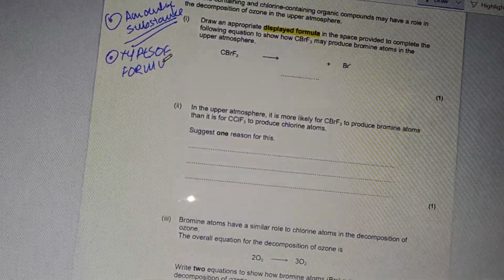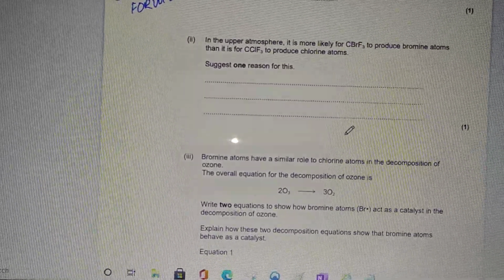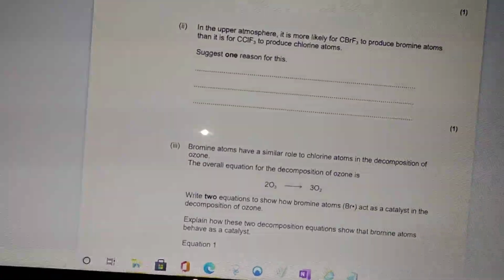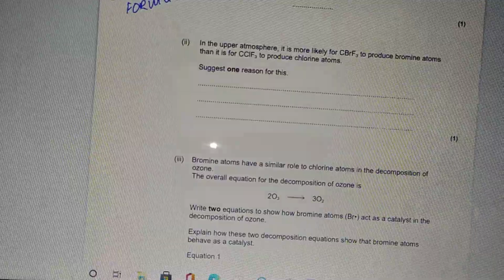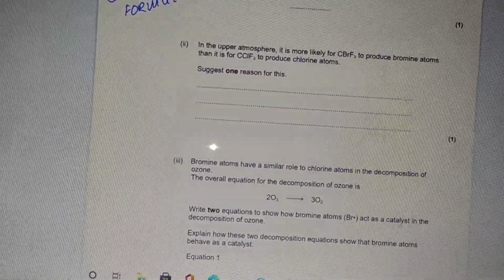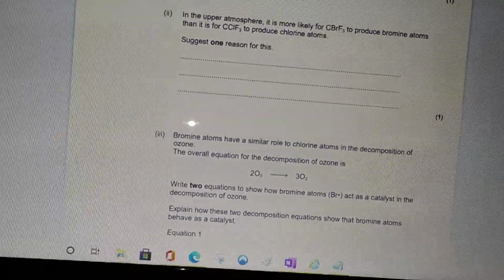Basically, the displayed formula shows the carbon chains along with the hydrogens. So they've asked in this to write the displayed formula. Well, since the Br's gone, we know that there has to be a free radical over here, so it'll just be that. Simple as that.